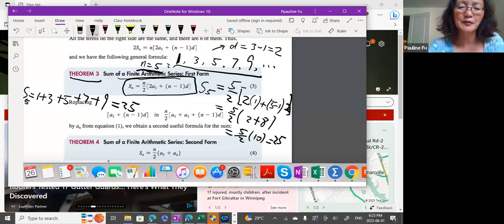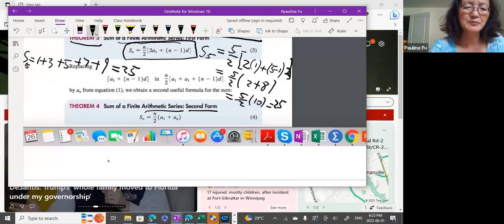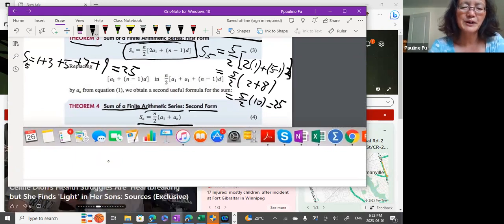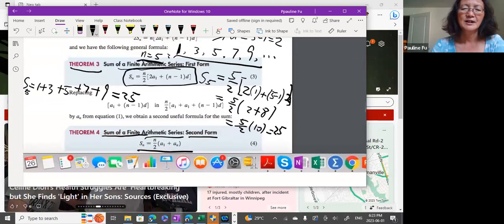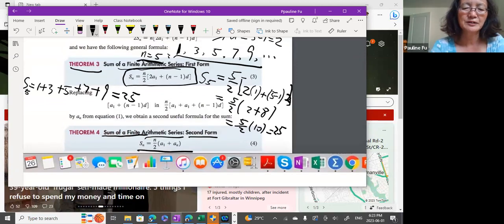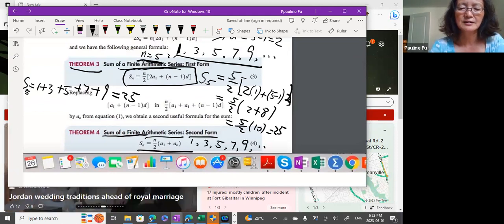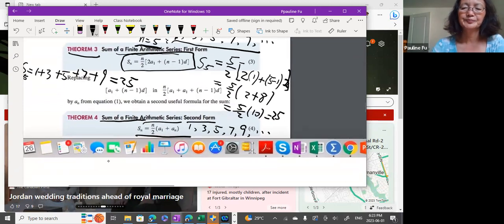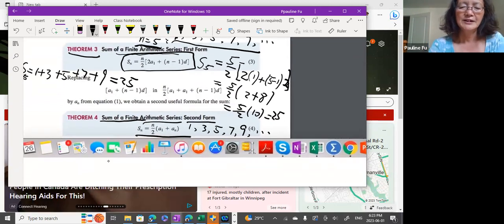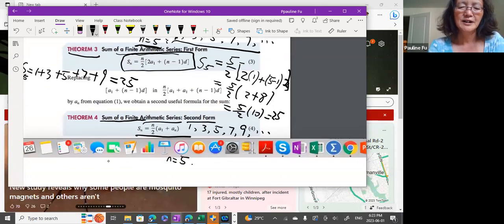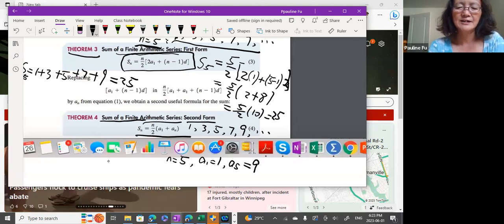There's another form for arithmetic sequence. For the sum of arithmetic sequence, it is Sn equal to n divided by 2 times a1 plus an. Again, let's use this one as example: 1, 3, 5, 7, 9. In this example, n equal to 5, a1 is 1, a5 is 9.